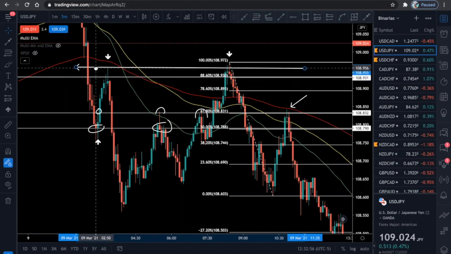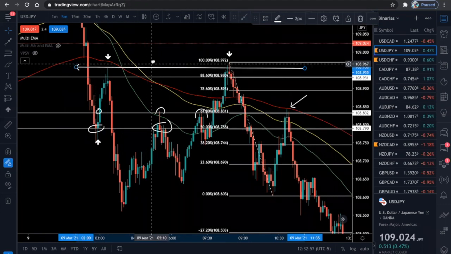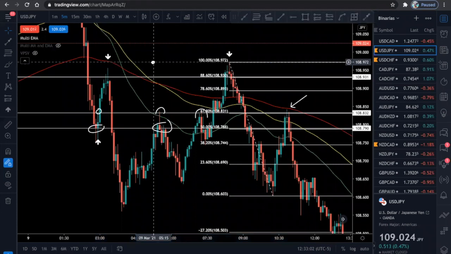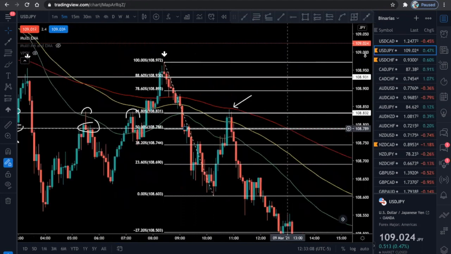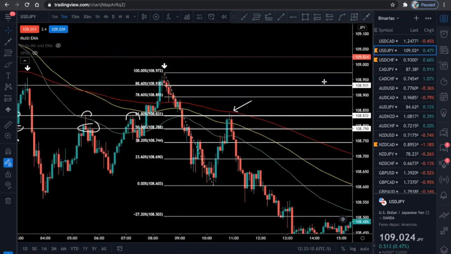If it breaks 100%, trend has been broken. Okay? Exactly. I look for strong rejection areas. Yes, the fib extension is literally how it comes. I don't change anything.